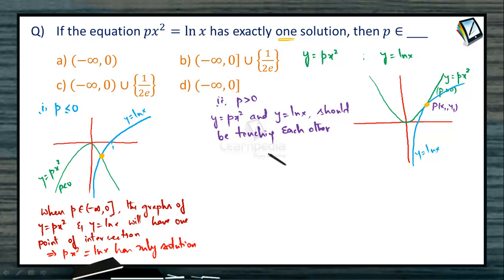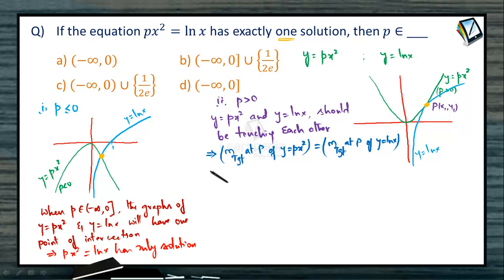Now when do we say two graphs are touching each other? Two graphs will be touching each other only provided the slope of the tangent at point P of y equal to px square is the same as the slope of the tangent at the same point P of the second curve y equal to ln x. That means there should be a common tangent at that point, then only the two graphs will be touching each other.